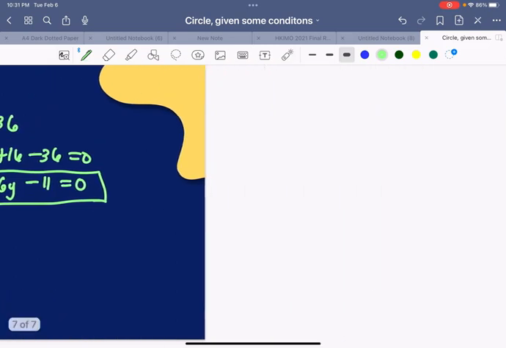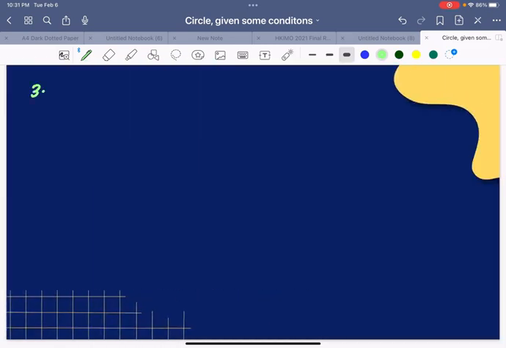Okay? And last example, example number 3. So example number 3, we have x minus 5 quantity squared plus y plus 4 quantity squared is equal to 4. Okay, so just expand this binomial.